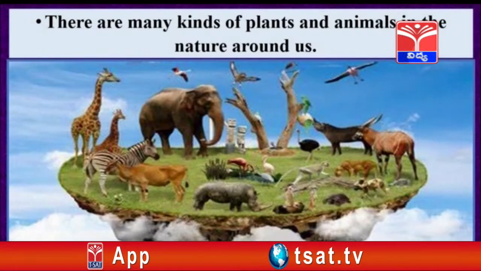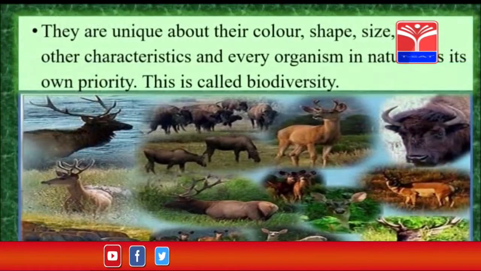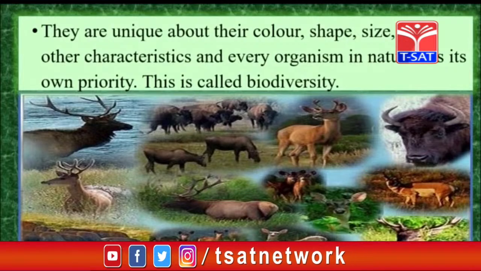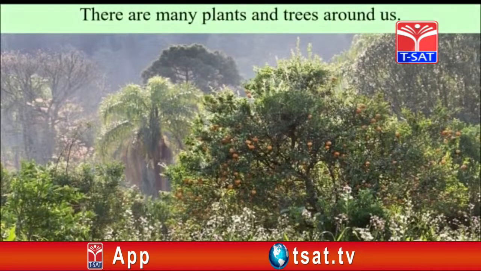There are many kinds of plants and animals in the nature around us. They are unique in their color, shape, size and other characteristics, and every organism in nature has its own priority. This is called biodiversity. There are many plants and trees around us.